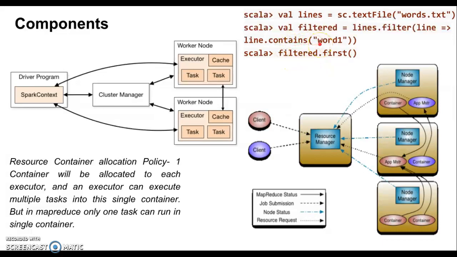So what does RDD mean? When you apply any transformation, Spark creates a new RDD. Here you can see lines is an RDD, filter is an RDD, right? So these are the RDDs. Before submitting the program to the cluster manager, Spark context creates the directed acyclic graph for all the dependent RDDs, right?